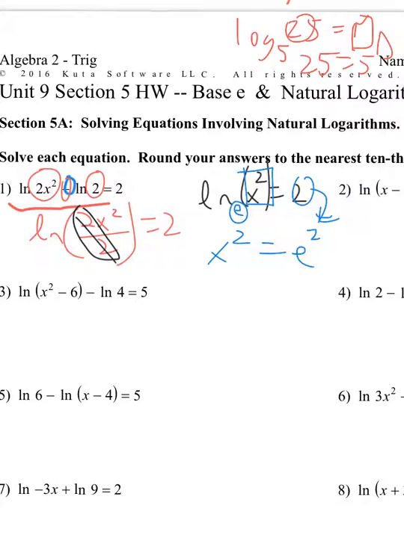Now, you can't think of this like a variable, okay? E squared is that number, 2.7, whatever it was. So what we really have to do is we need to take the square root of both sides here. So I'm going to take the square root. Now that doesn't just leave you with e, okay? Because e is not a variable. It is that number, that irrational number, a little over 2.7.